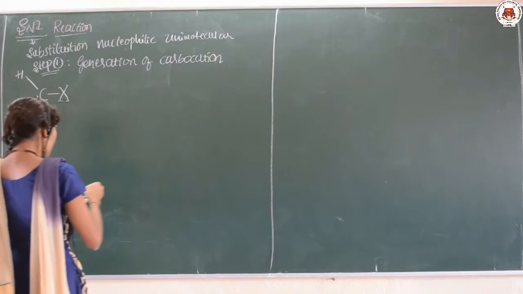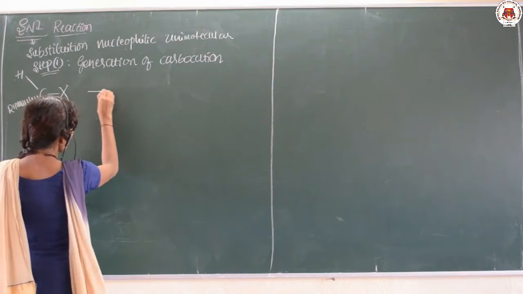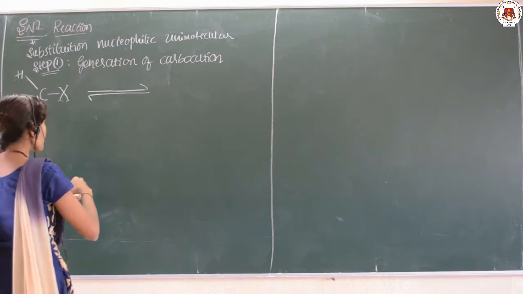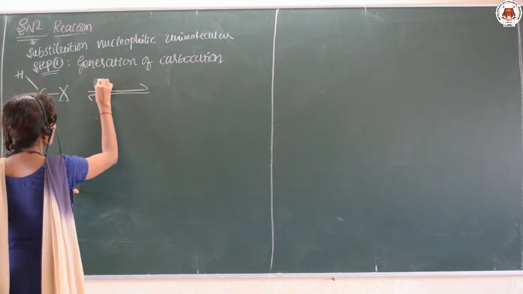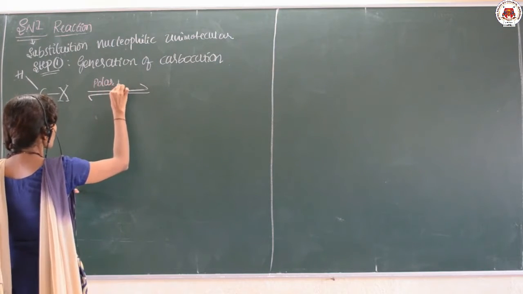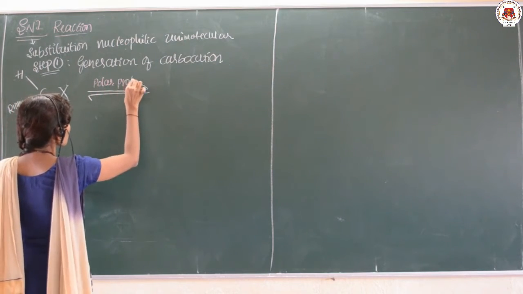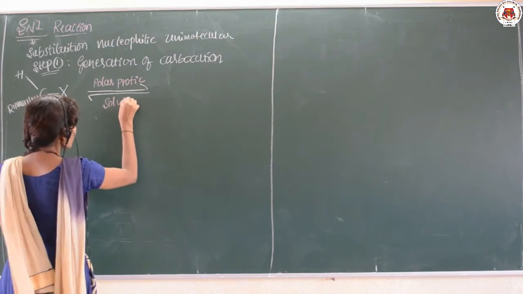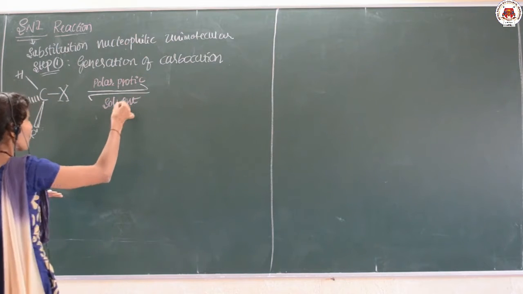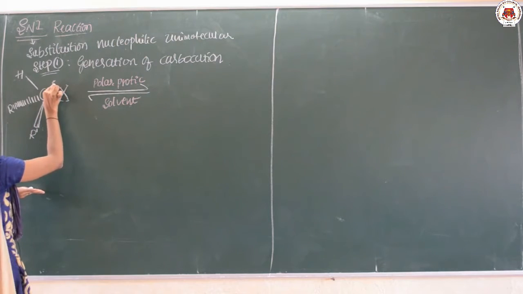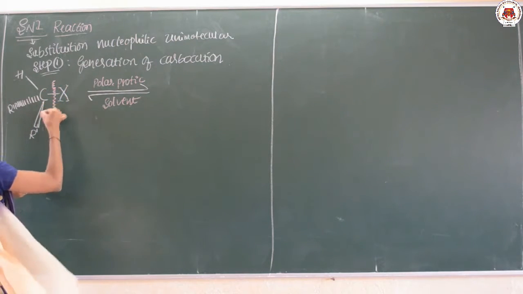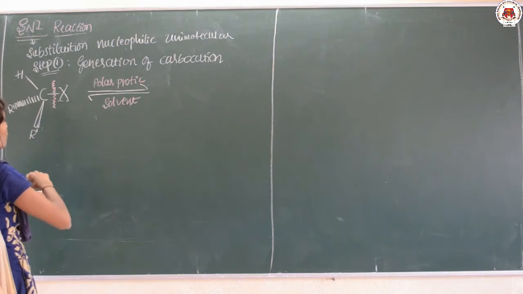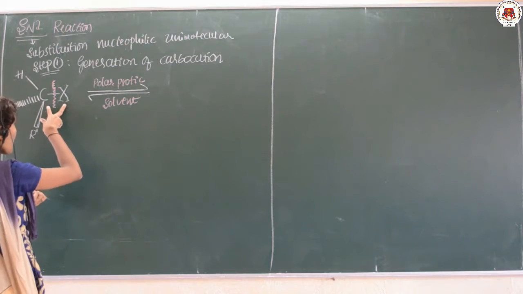When this reaction is carried out, this reaction is reversible, and here we are using a polar protic solvent, and this polar protic solvent helps to break the bond between carbon and halogen. So what happens when it breaks the bond between the carbon and halogen?